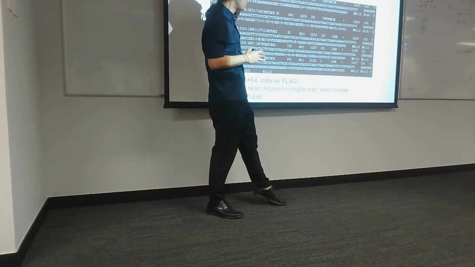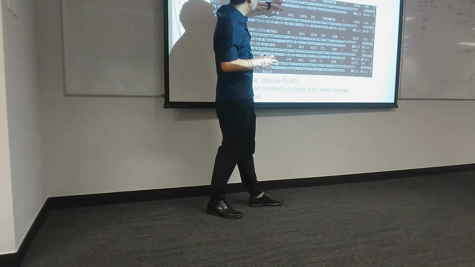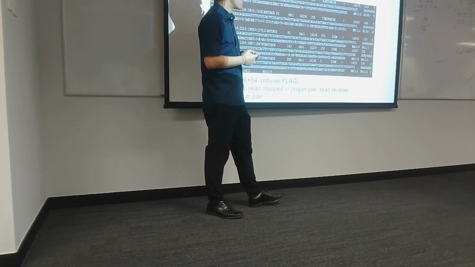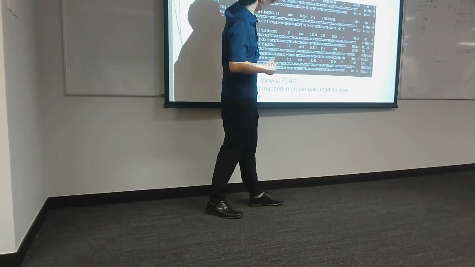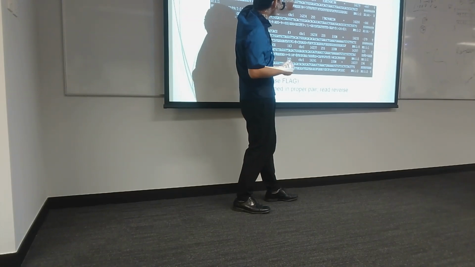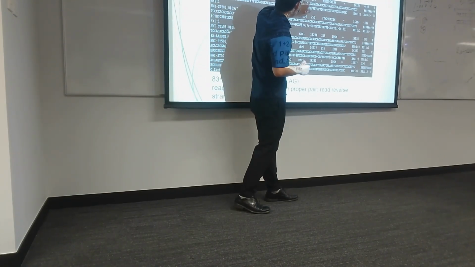I'm going to talk about the flag later on. It's very interesting data to represent the mapping process. So keep this one for now. After the flag, the third one is actually the location, chromosome 1, the position 16230.